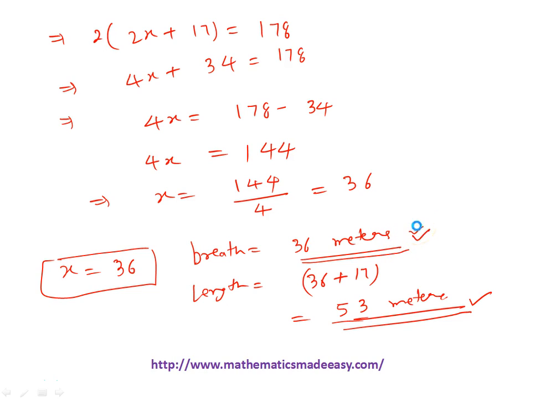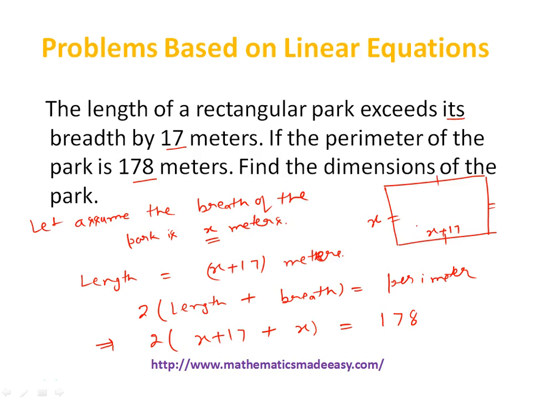So you got it? We assumed first that the breadth of the park is x and the length of the park exceeds the breadth by 17 meters, so we add and assume the length would be x plus 17. After that, the perimeter of the park is given, that is 178. We know that if we add all 4 edges, it will become the perimeter. So 1 length plus 1 length plus 1 width plus 1 width, that would be 2 length plus 2 breadth, equal to the perimeter.